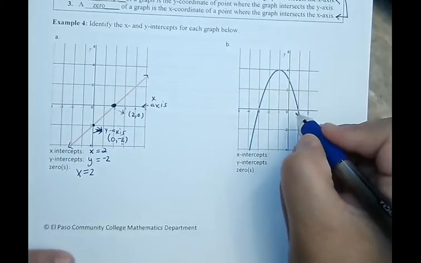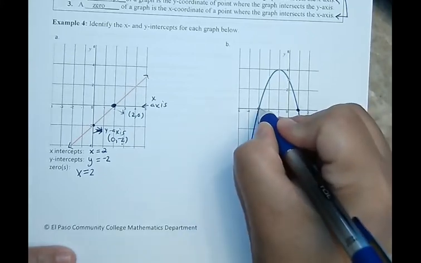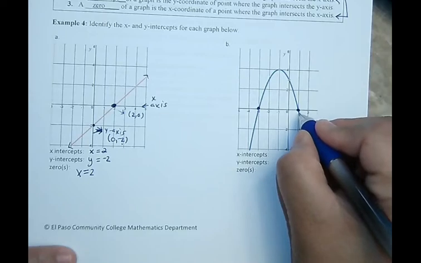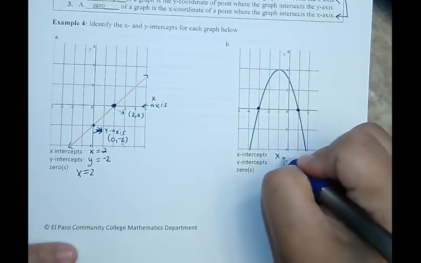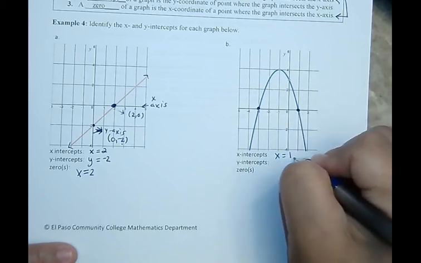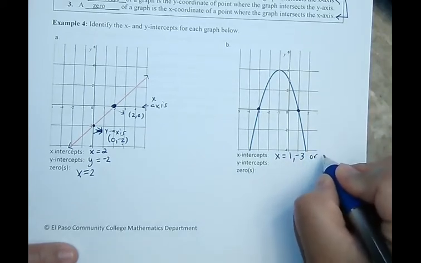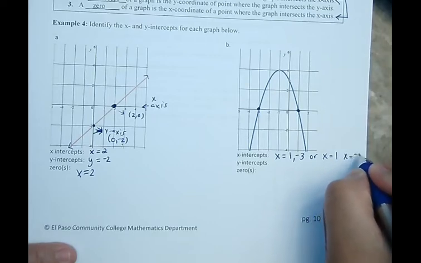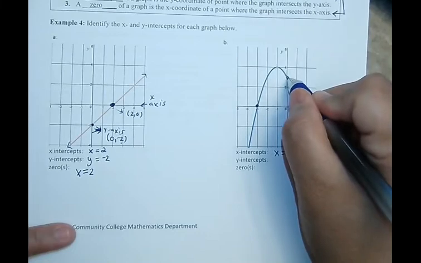Let's look at this example. So here we can see that we have an x-intercept here and we have an x-intercept here. And so my x-intercepts are going to be at x equals 1 and x equals -3. So you can write it like this, or you can write it out as x equals 1 and x equals -3. The y-intercept is up here.